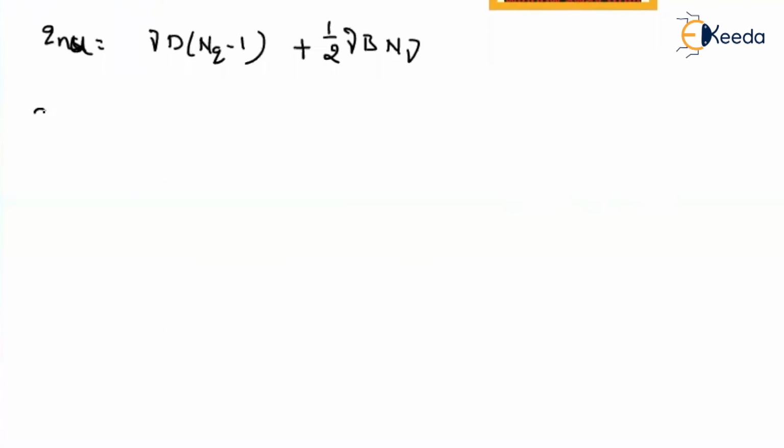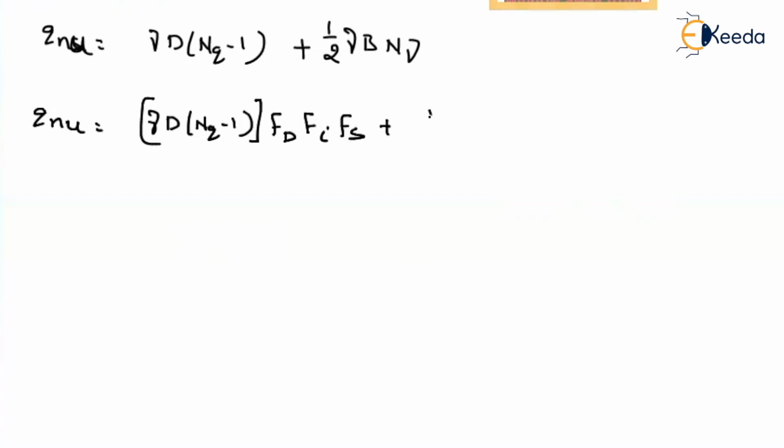So let us multiply them. So qnu is gamma D (Nq minus 1) into depth correction Fd, inclination correction Fi, and shape correction Fs, plus 1 by 2 gamma B N gamma multiplied by depth correction Fd, inclination correction Fi, and shape correction Fs.